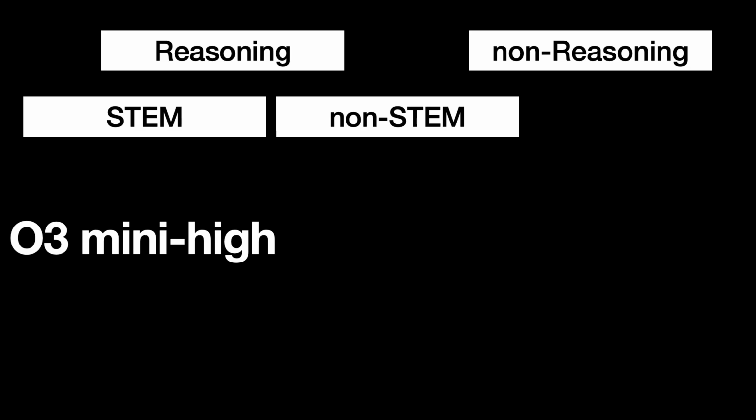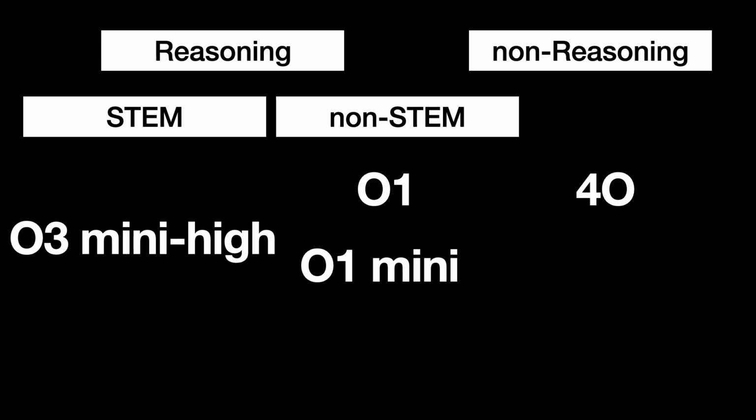When the task is non-STEM but it involves reasoning, a good choice is O1. If we seek a more economical and faster solution, then O1-mini would be the best option. And what about 4o? Definitely, it's a non-reasoning model, but still it's kind of expensive. So 4o-mini is the most affordable one. So this is like the chart for selecting the right model.